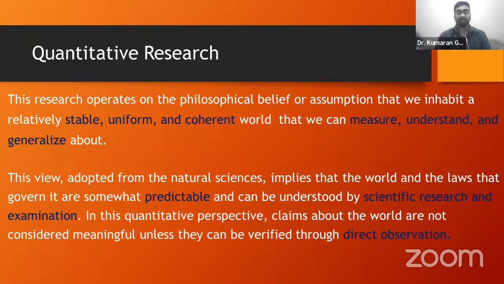In this quantitative perspective, claims about the world are not considered meaningful unless they can be verified through direct observation. Whatever you get by numbers is the real thing that can measure your research, generalize your sampling, and make sure the people reading understand that your research is quantitative.